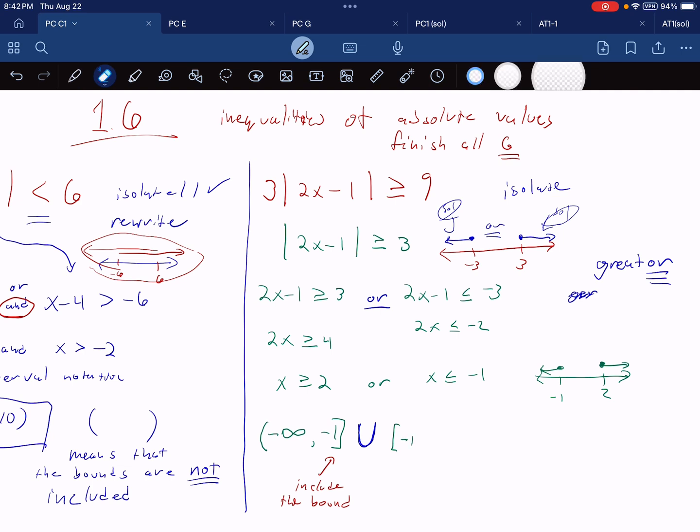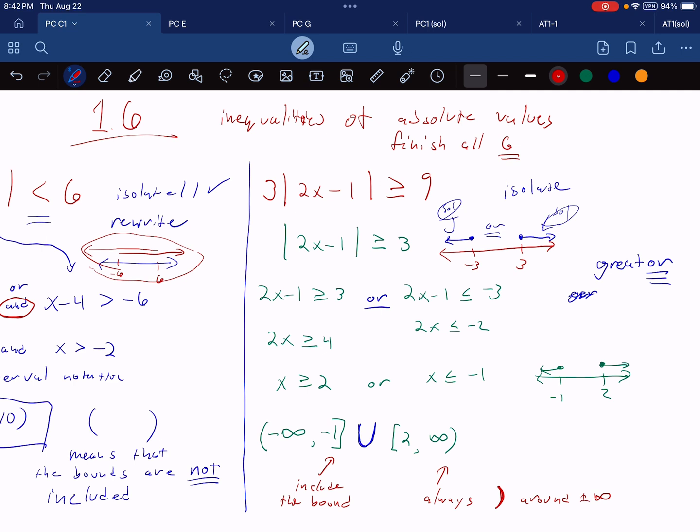What am I doing? My bad. Where does the solution start back up? Starts back up at 2 and goes off to positive infinity. And again, we never include infinity, so parentheses are always on infinity. Always parentheses around infinity, plus or minus. So either positive or negative, you're always using the parentheses.